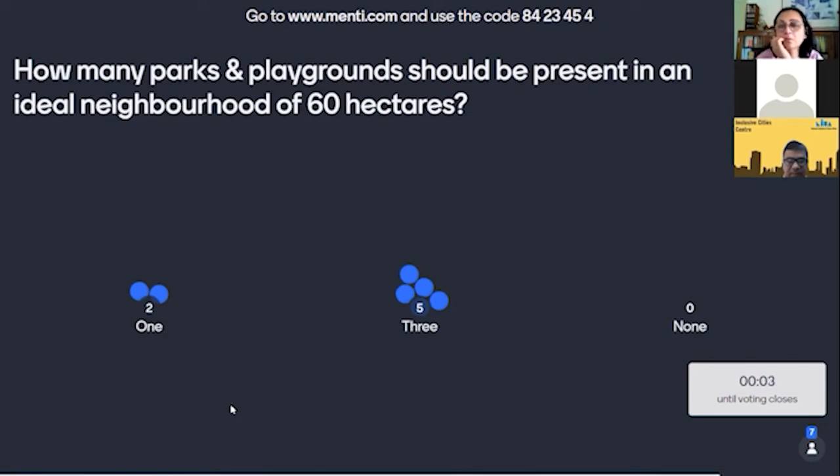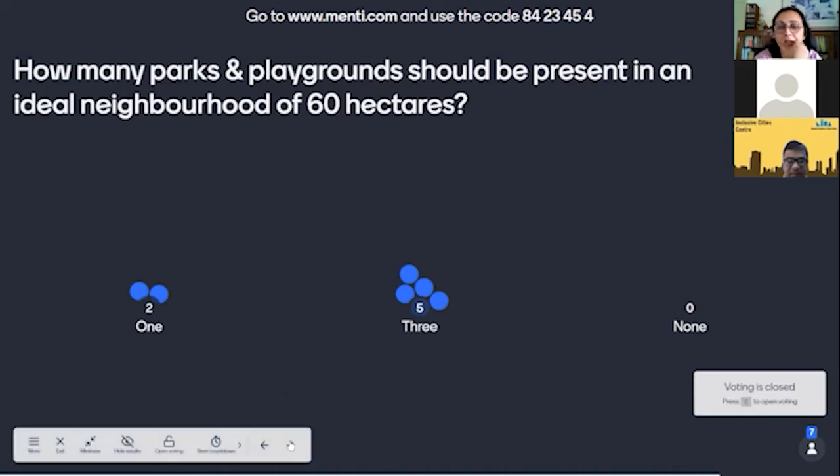So yes, there should be at least 2 to 3 playgrounds in such a size of a neighborhood.